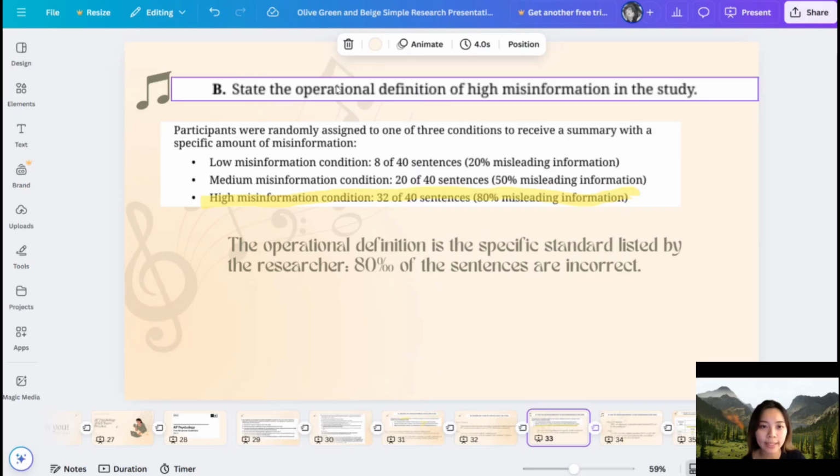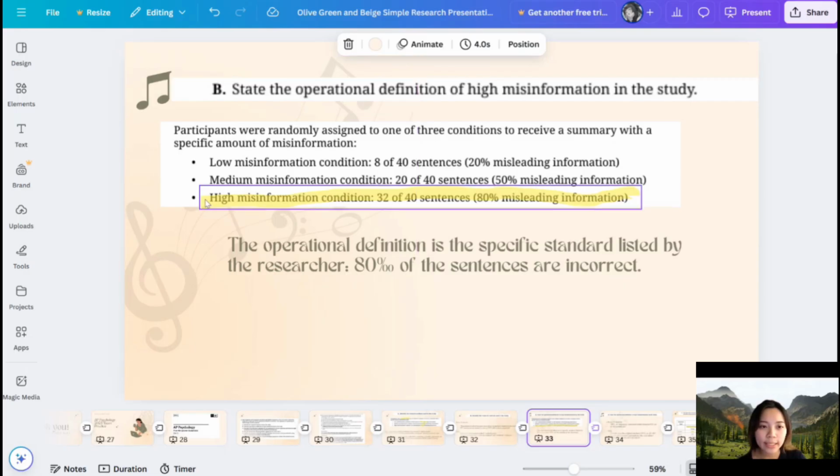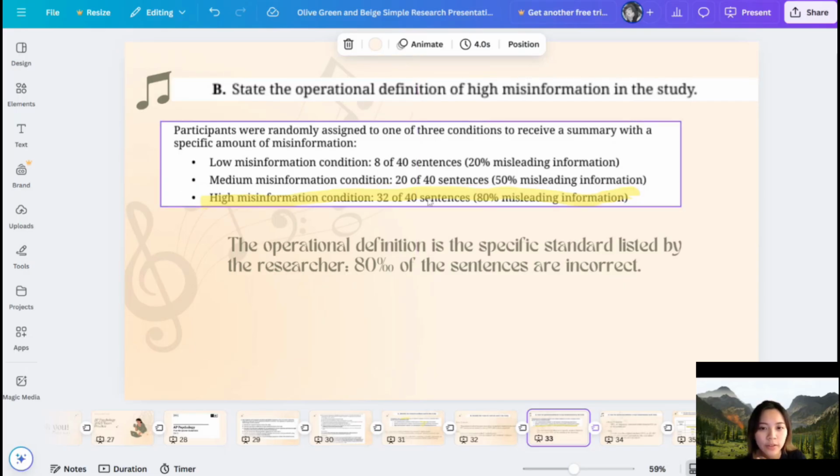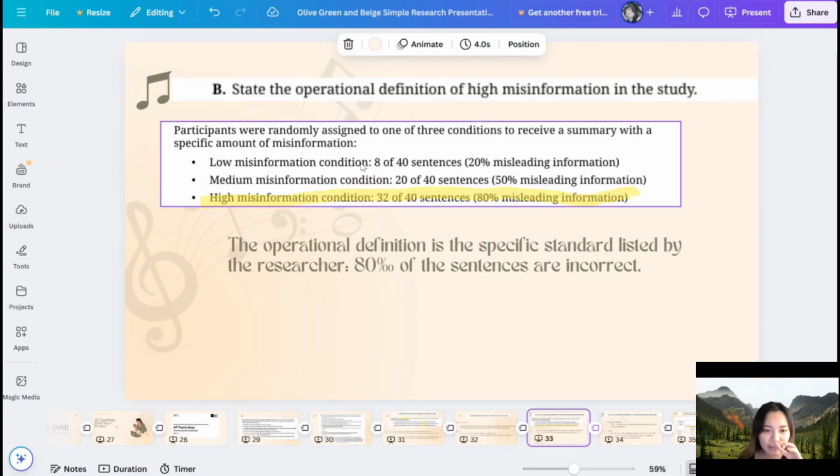So part B is usually always focused on the operational definition. Let's just be specific about what the operational definition is. It is the specific standard listed by the researcher. Really easy. You just need to go into the text and find it, right?